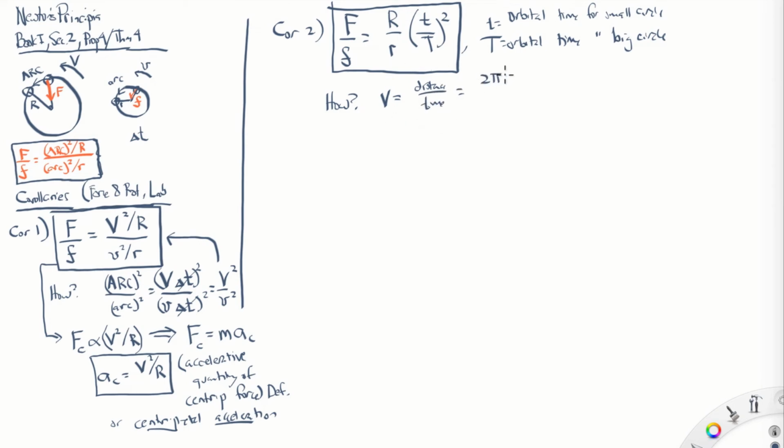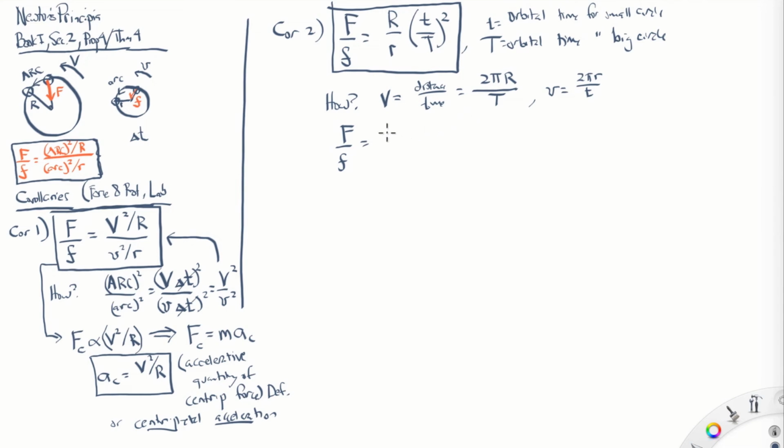It's 2 pi times the radius, that's the circumference, and the time of orbit is the orbital time. So that's the speed, right? And likewise, for our little velocity, the velocity of the thing going around in the small orbit, it's 2 pi times little r over little t. And what we can do is just plug these two formulas in for these velocities. So let's go ahead and do that.